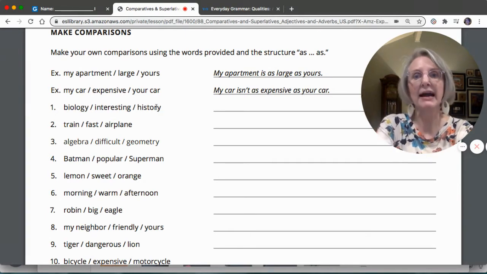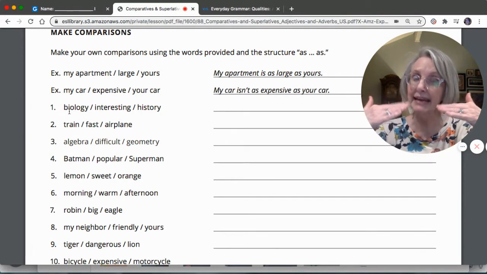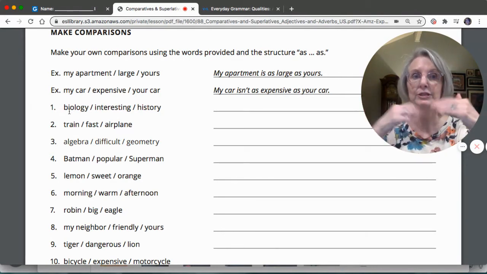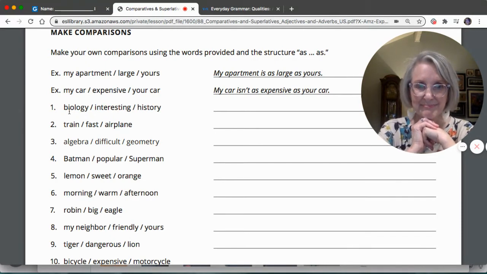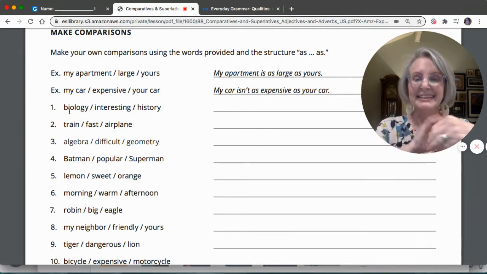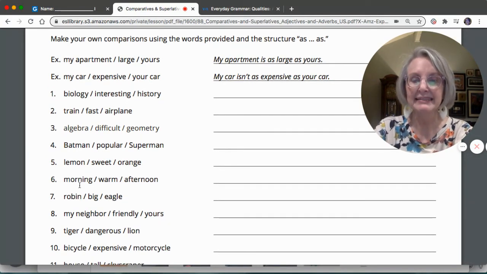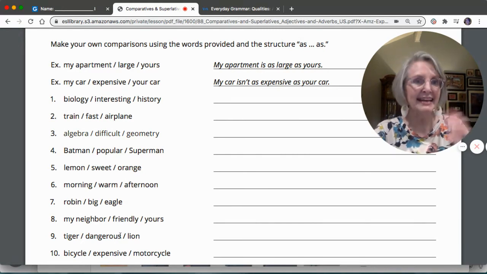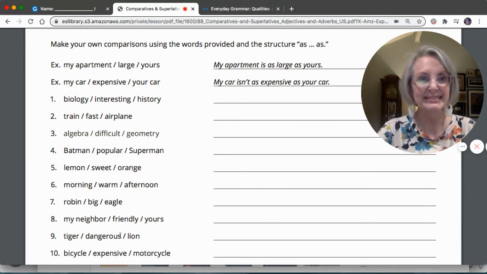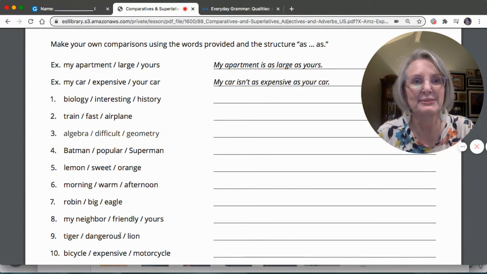Or do you think biology is the same interesting? Or do you think biology is not as interesting? All right. So on each of these, you can work to make some sentences with these. I will just show you the first 10. You can think about those if you have time and if you want to practice some of those.